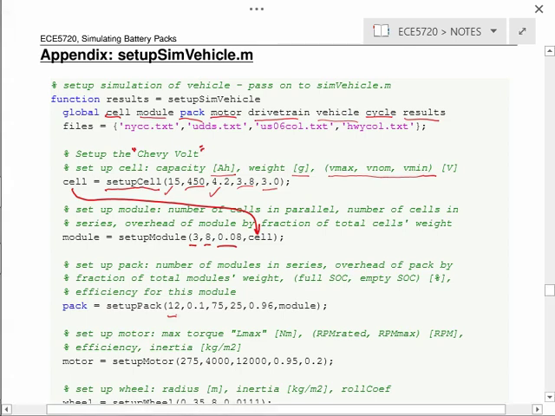So 96 series, 3 in parallel for a Chevy Volt Model 1. And we're saying there's about a 10% overhead by weight in the packaging. And we're using states of charge between about 75% and 25%. And there's a 96% energy efficiency of the module. So the module again becomes part of the pack, and we're building up overall how the vehicle works.